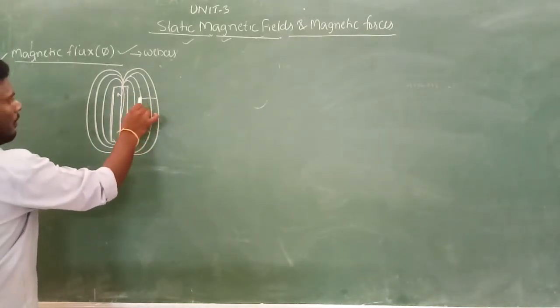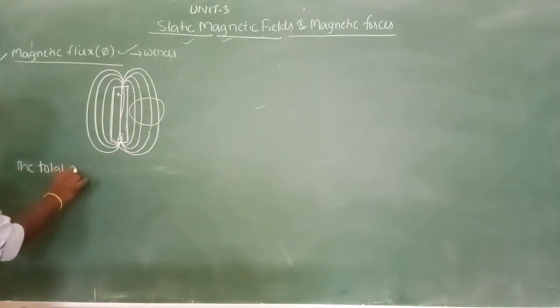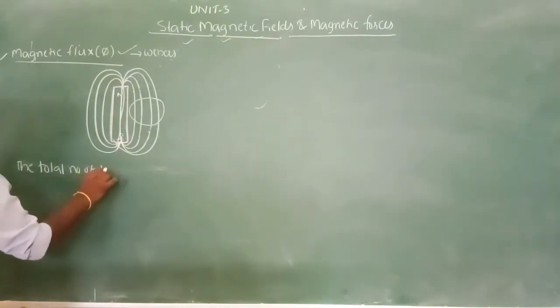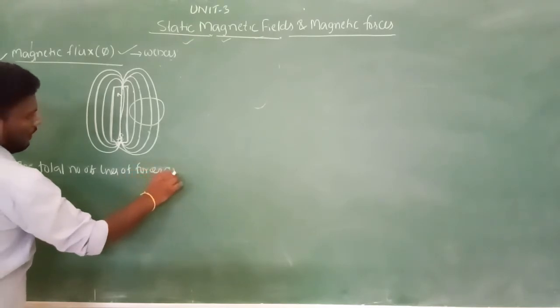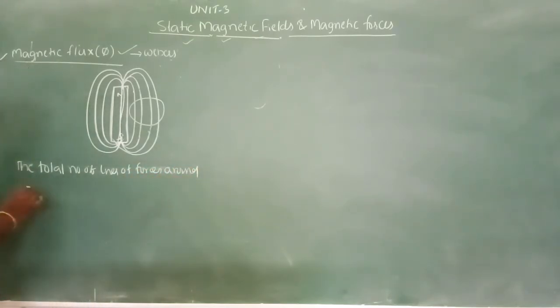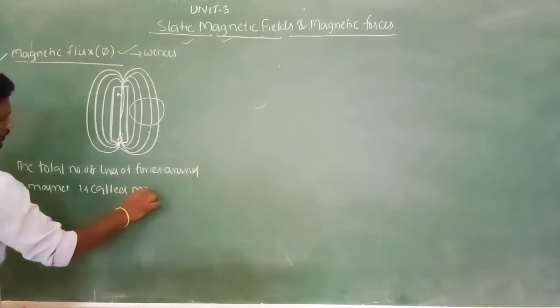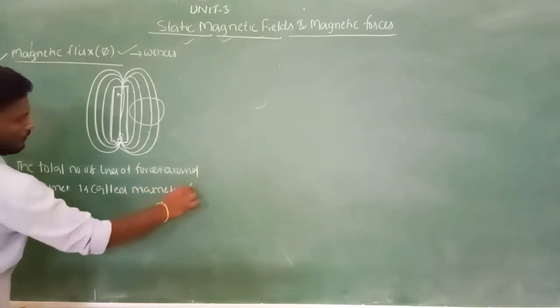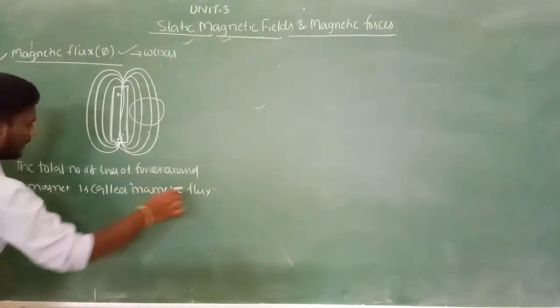So the sum of lines of forces, the total number of lines of forces around a magnet, is called magnetic flux, and this is the definition.